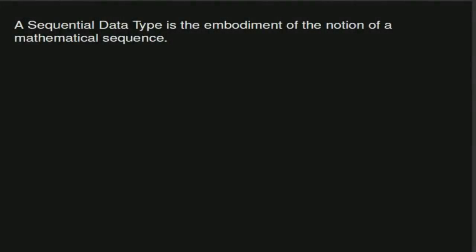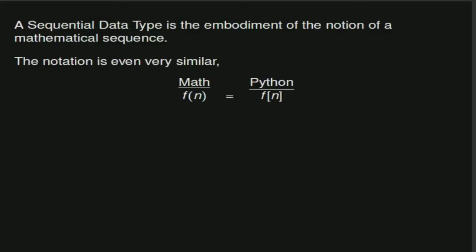Now, the sequential data type is pretty much the embodiment of that same notion of a mathematical sequence. The notation we're going to use in Python is really similar to the function notation we're used to in mathematics. In math, we would write f, then the open parentheses, then the domain value that goes in there, and then we close the parentheses.